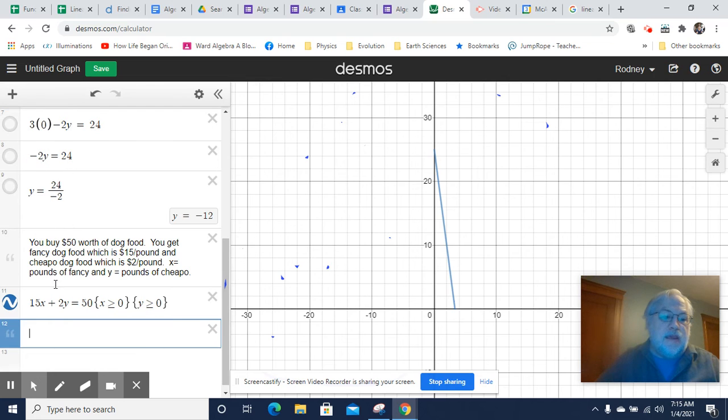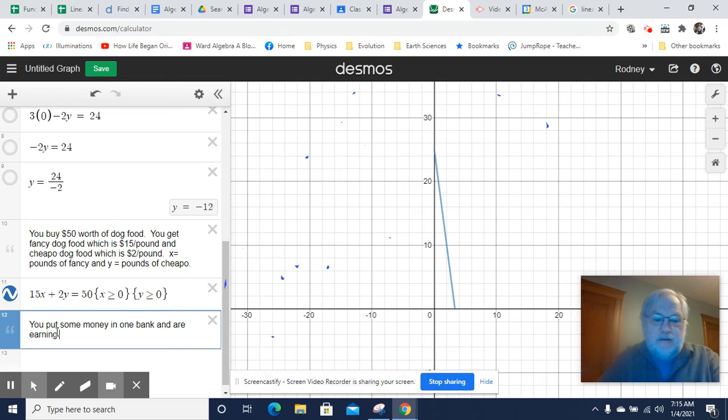This will be an investment one. Okay, so in this case, you put some money in one bank and are earning 5% interest per year.